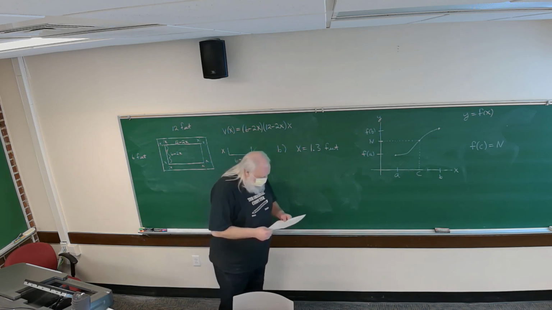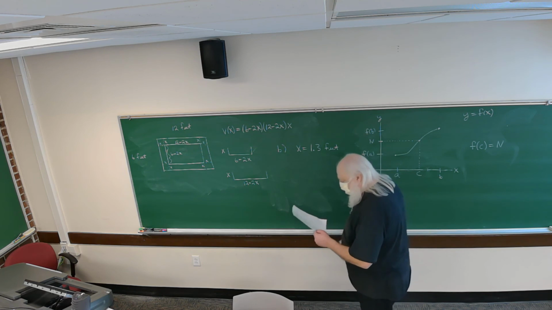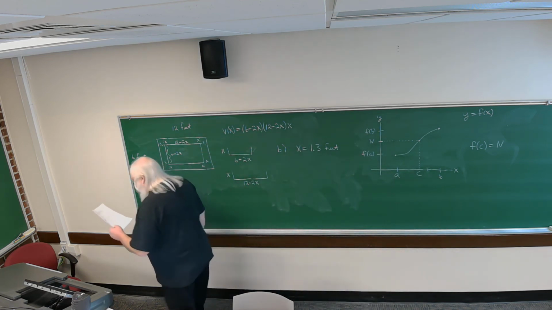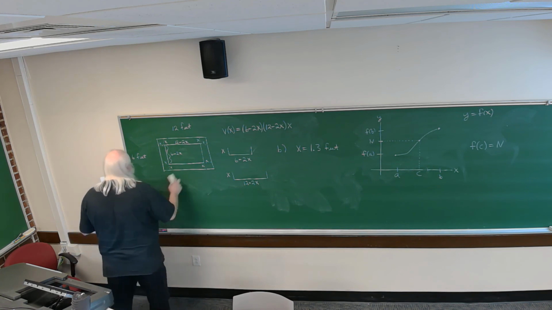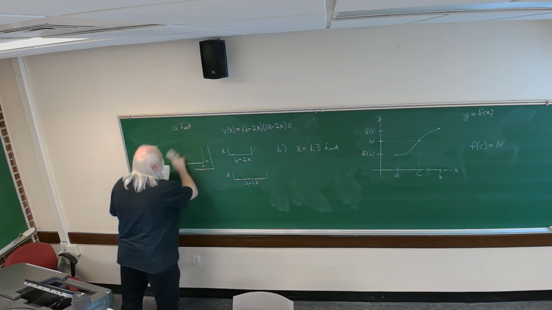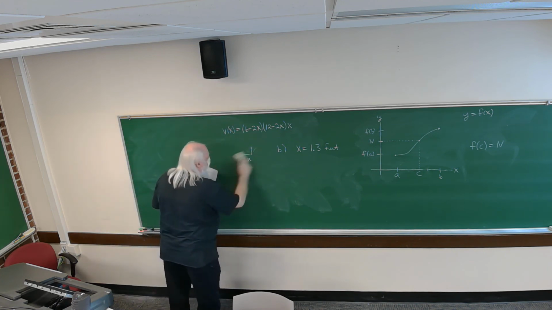All right. So let's look at example 8. It says, show that there is a root of the equation x cubed plus 2x minus 1 is equal to 0 in the interval from 0 to 1. So we're going to prove that using the intermediate value theorem.